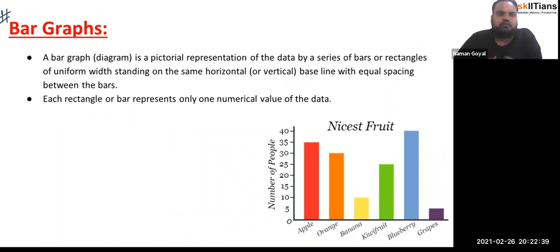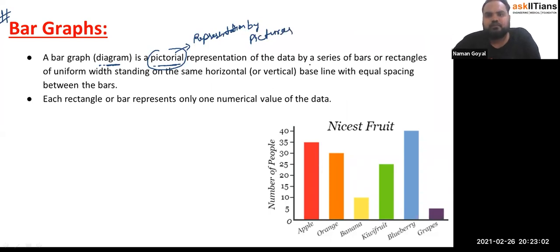Next is what? Bar graph. A bar graph diagram is a pictorial representation. Pictorial means representation by pictures. Representation of the data by a series of bars or rectangles, right?